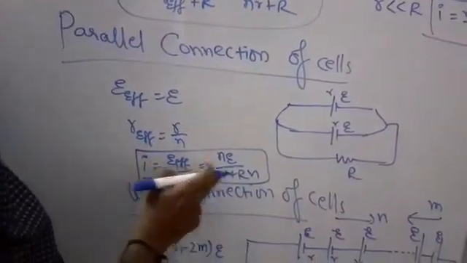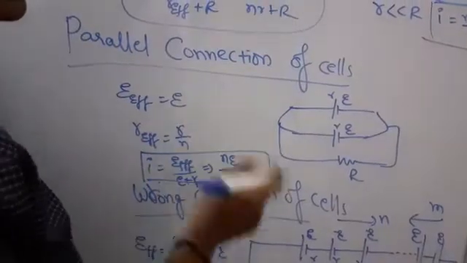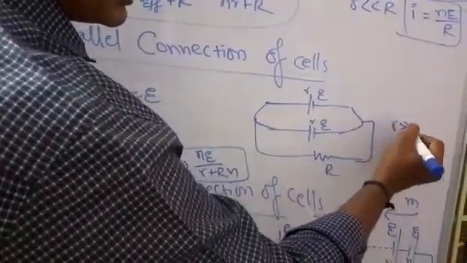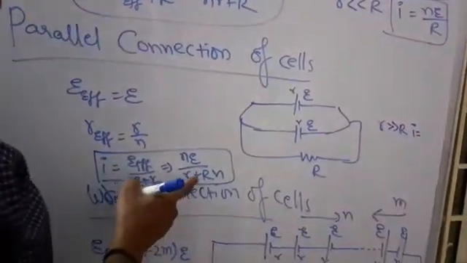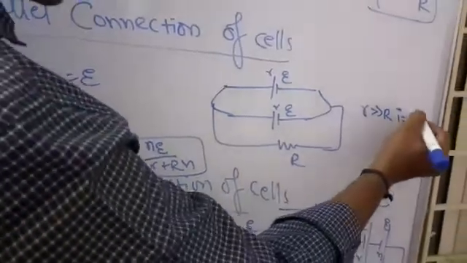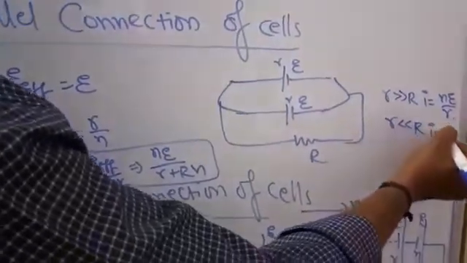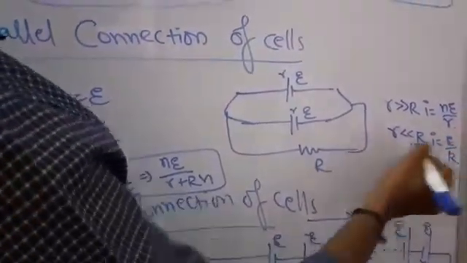Current equation is E by R plus r by n. If small r is greater than capital R, capital R is neglected and I is equal to nE divided by small r. If small r is less than capital R, I is equal to E by capital R.